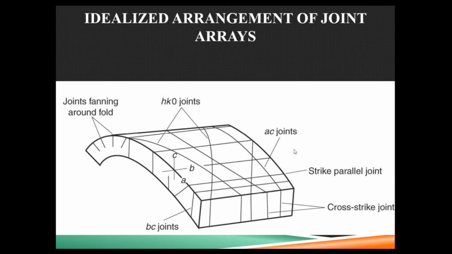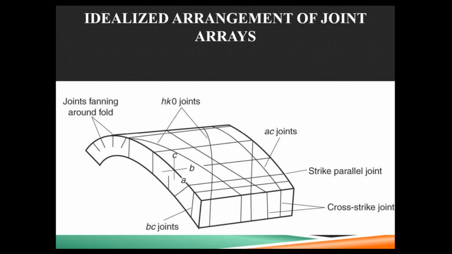And these BC joints are called strike parallel joints, because if say this started folded underground, ground surface erodes down until the rock starts to show this layer at the surface, the strike would be in that B direction.